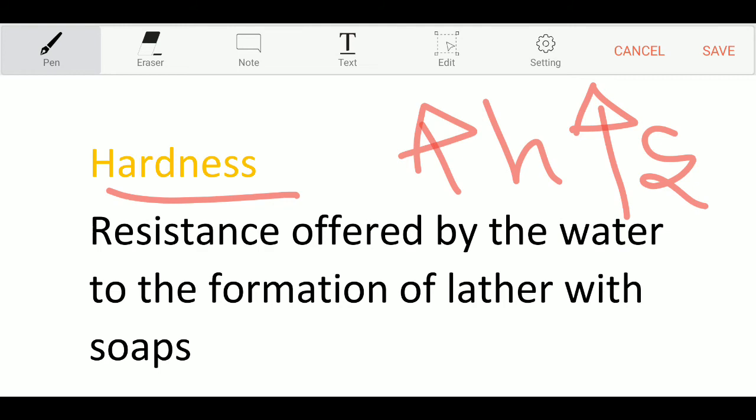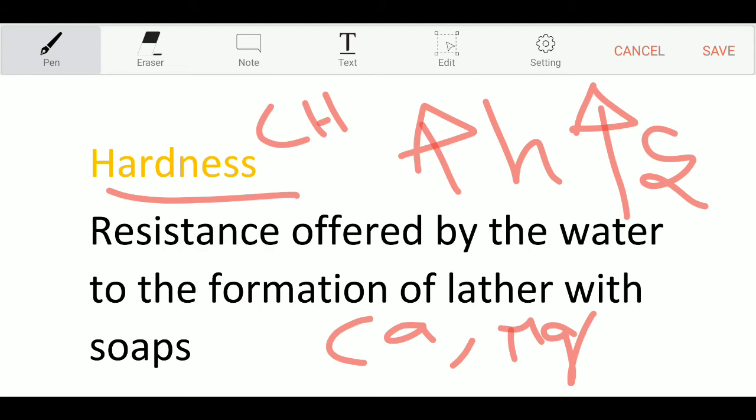In this we will consider only calcium and magnesium. The other three, like strontium and iron, are present in small amounts, so we are neglecting them. There are two types of hardness: one is carbonaceous hardness, another one is non-carbonaceous hardness.